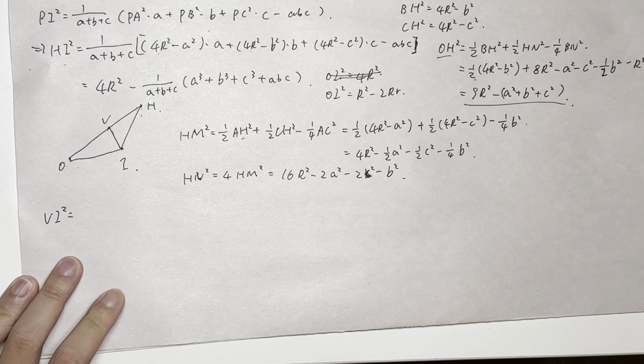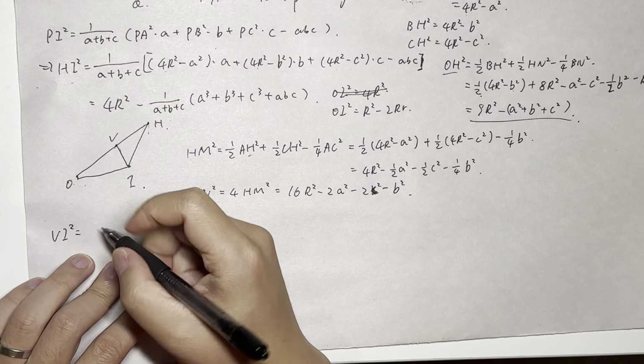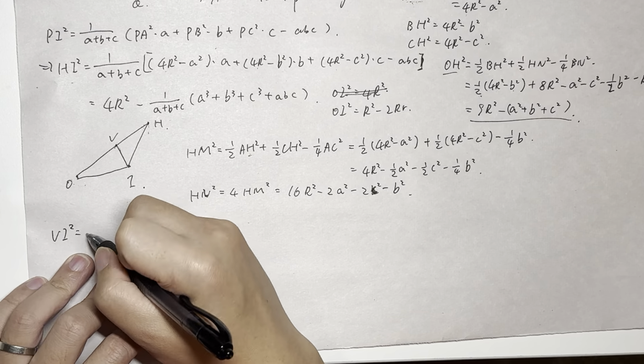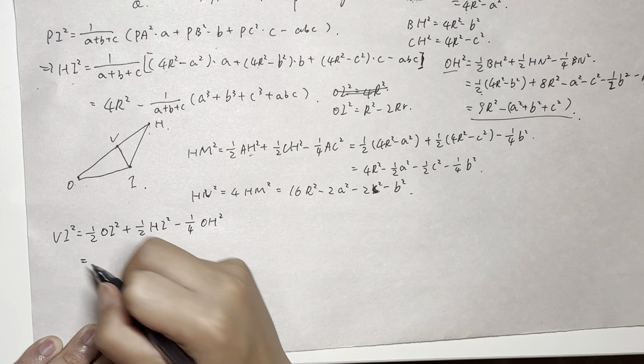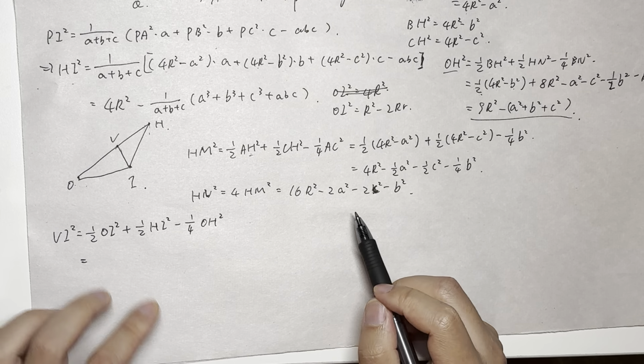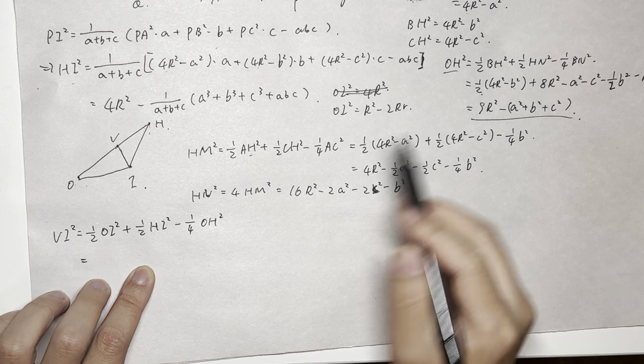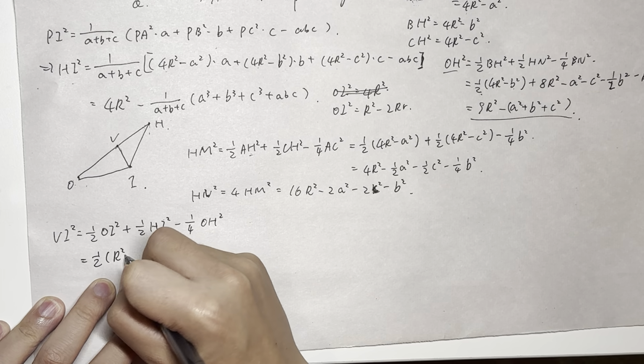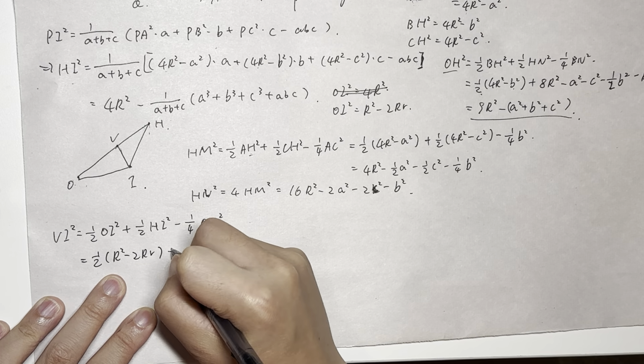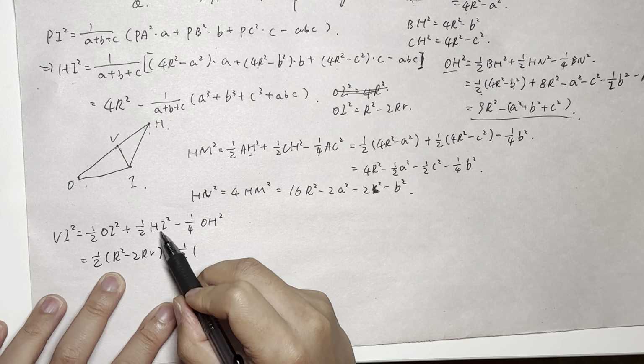VI squared equals 2. V is a midpoint of OH, right? So VI squared equals 2, half of OI squared plus half of HI squared minus quarter of OH squared, right? What is OI squared again? That's R squared minus 2Rr, right? So half of R squared minus 2Rr plus half of HI squared, right?